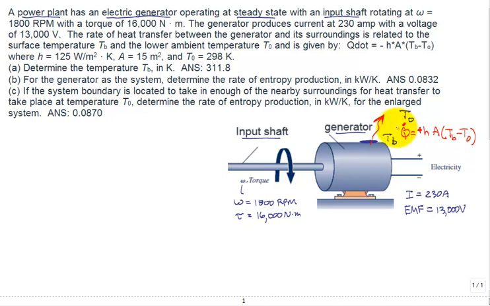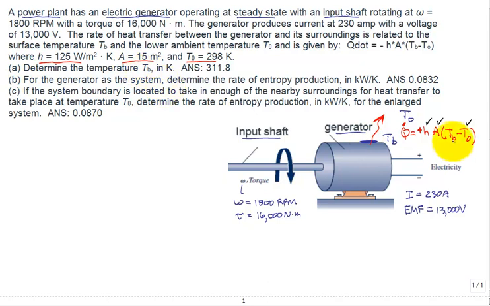Okay. They give you the value of H, the value of area, and the value of T0. So it's like we've got T0, A, and H known. We do not know Q dot. We do not know TB. Those are unknowns. So the first part is determine the temperature TB.